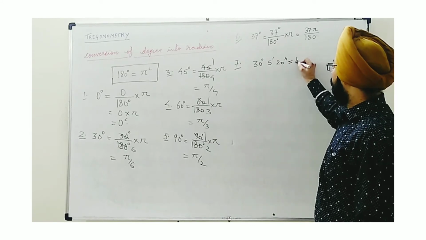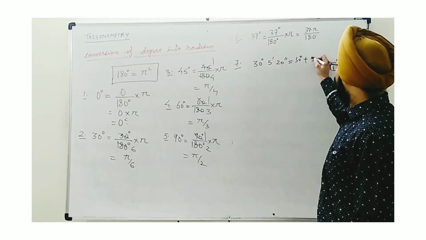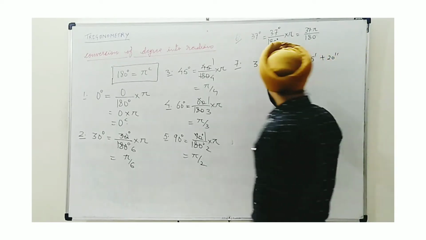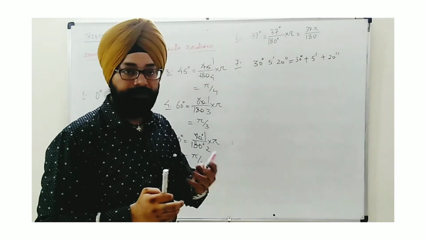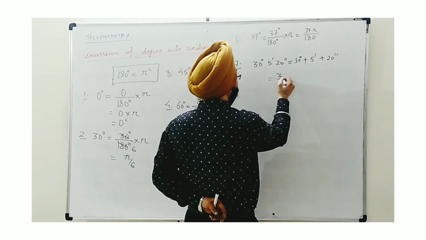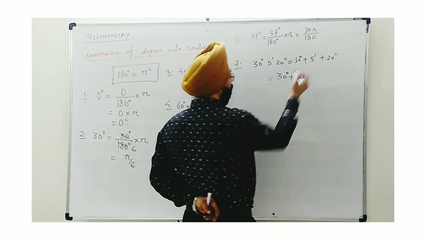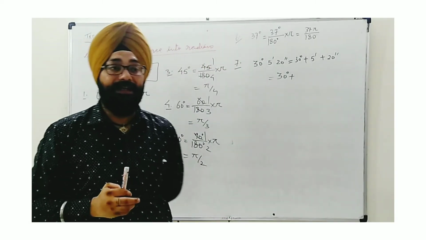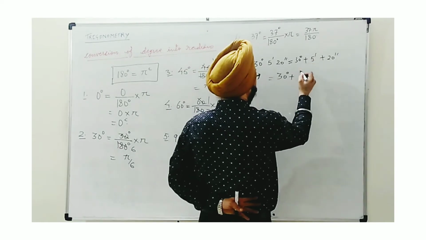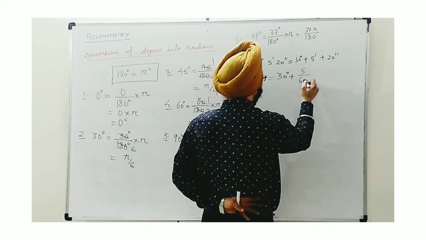We write this as 30 degree, 5 minutes and 20 seconds. The theory is just like the theory of time; we can consider these to be hours. 30 degree stays as it is. Now minutes can be converted into degree, as we know that 1 degree has 60 minutes, so to convert to degree we have to divide by 60.